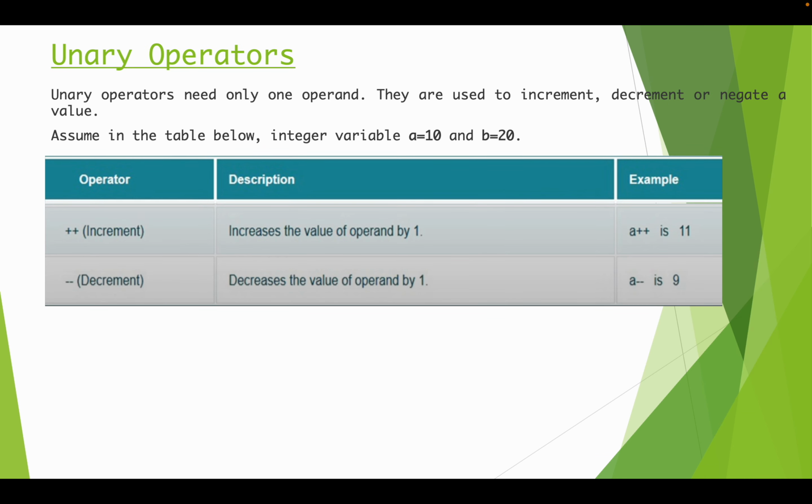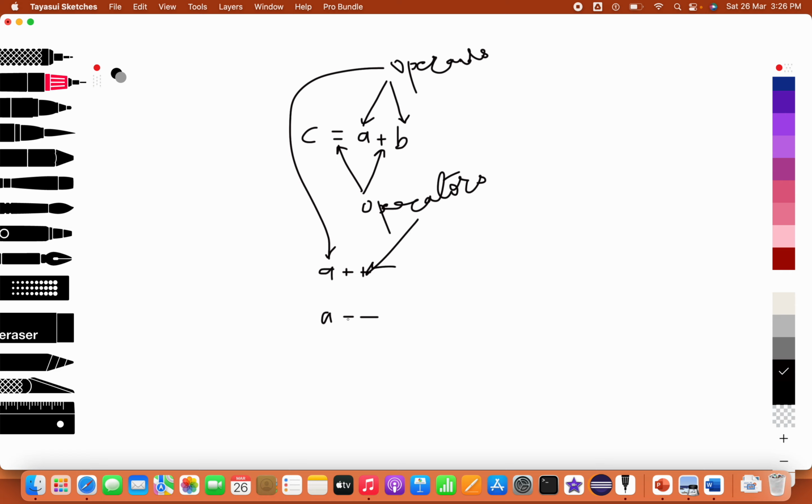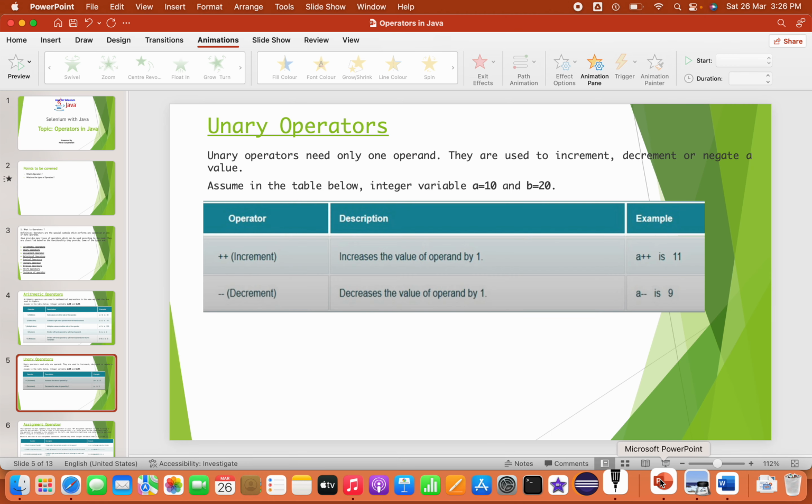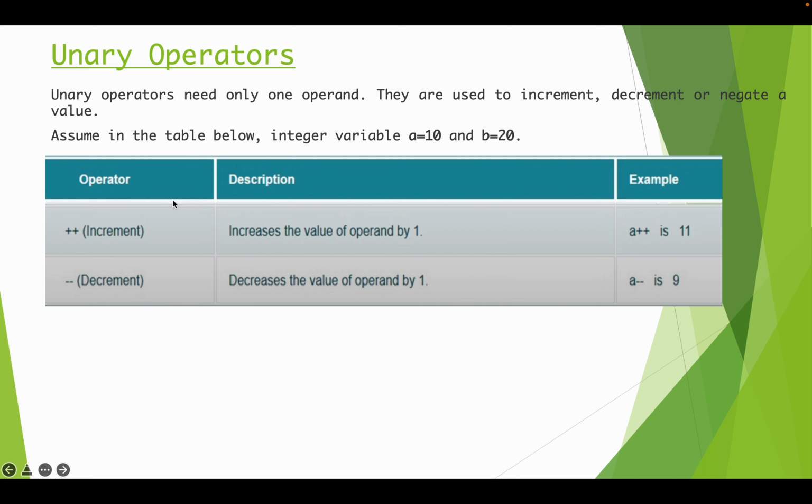And the second one is unary operator. Like I have shown you in the example, increment and decrement. So these fall under unary operator. Increment increases the value of the operand by 1. I have given an example, A equal to 10 and B equal to 20.